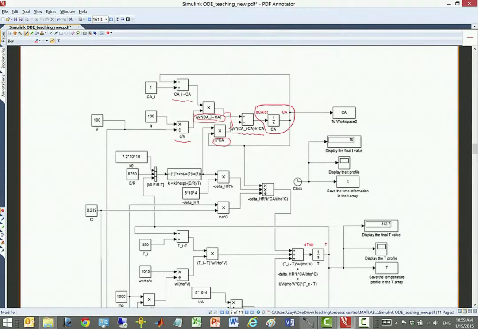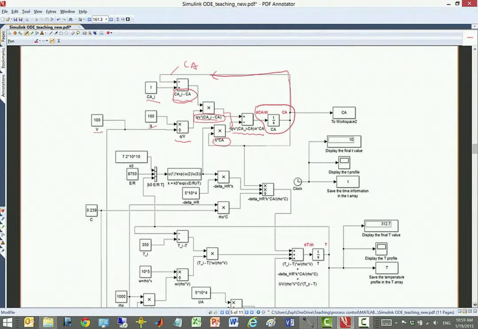Then we could further decompose this into CAI, here's the minus sign, and this is CA. CA is from here. Similarly, we get Q over V using this dividing module, Q over V.